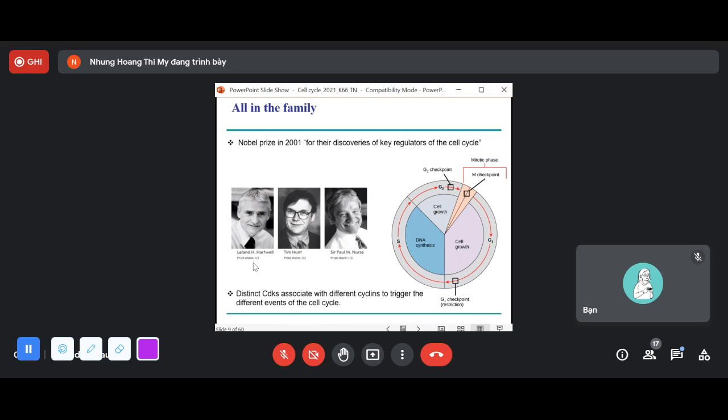So the other research groups, like Hartwell and Sir Paul Nurse, together figured out the other cyclin CDK complexes of the cell cycle, and together they got the Nobel Prize in 2001 for their discovery of the key regulators of the cell cycle. So different CDK and cyclin complexes will associate with different cell cycle phases.